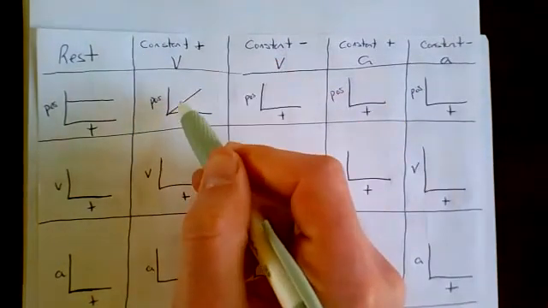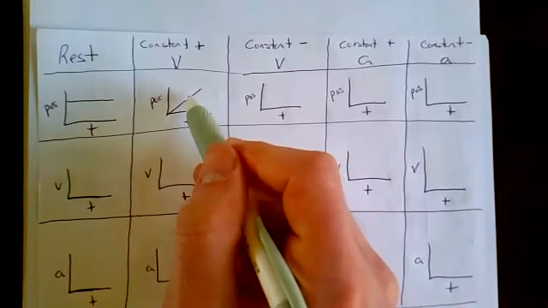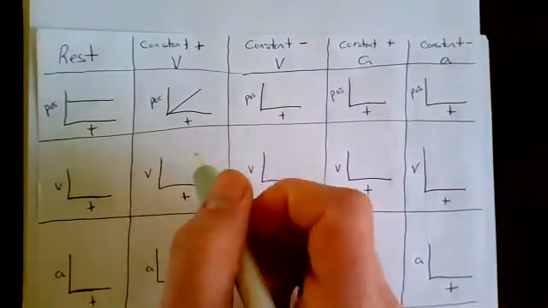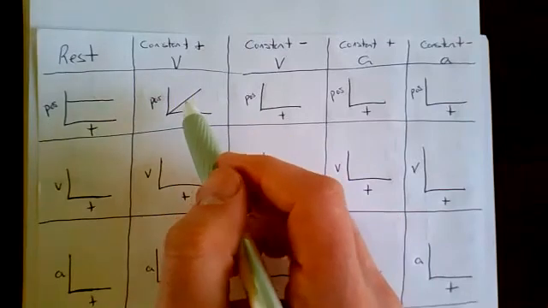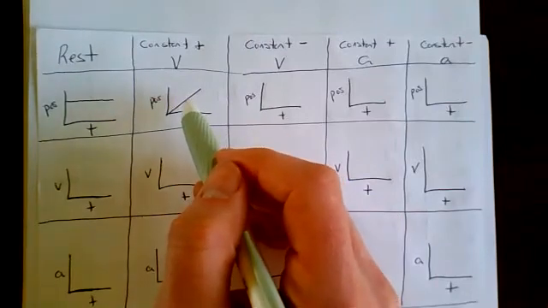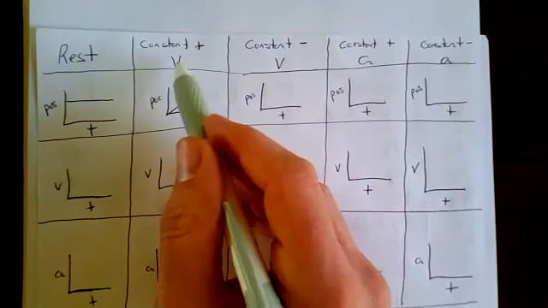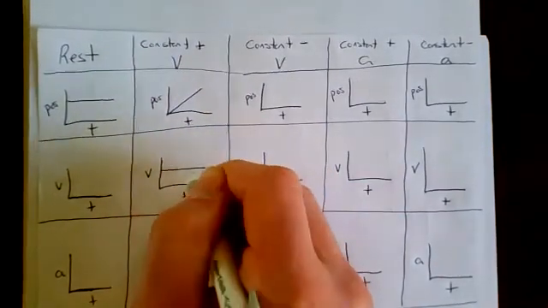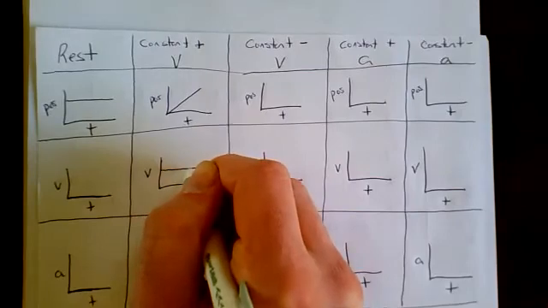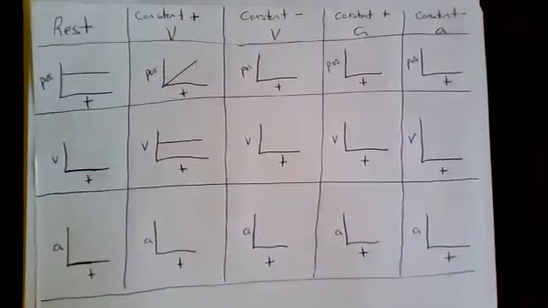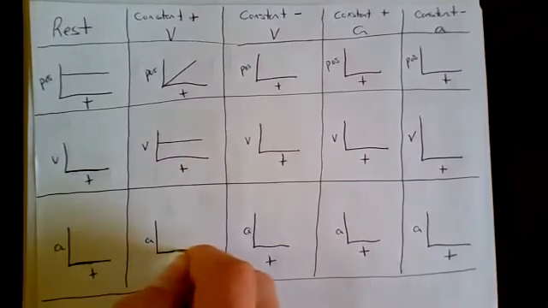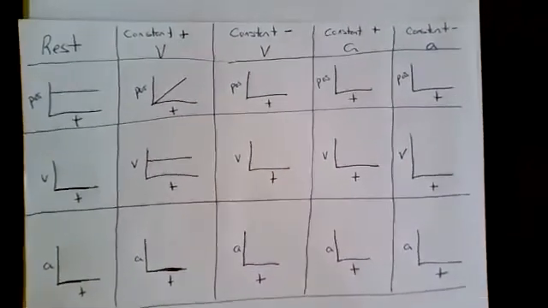My position changes the same amount over each given period of time. If I take the slope of this line, I get one positive velocity. When my velocity is constant, I have zero acceleration.